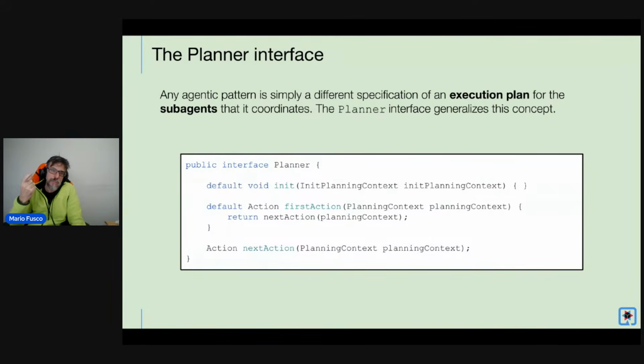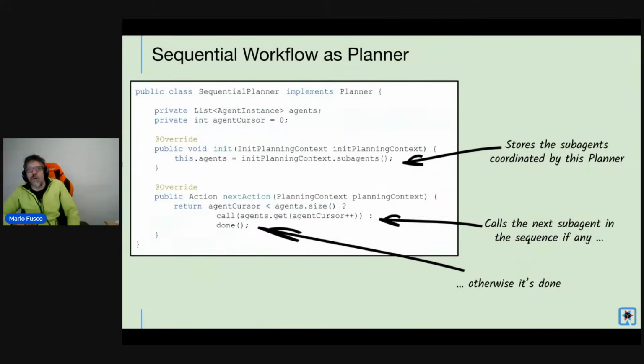I split the first and next action into two methods because it's quite convenient: often for the very first action, you need to do something different than for the next one. But as you can see, there is a default implementation, so the first action falls back to the next action if you don't need to do anything special during the first invocation. And the action that you return is what the planner has to do, which is the next agent to be invoked.